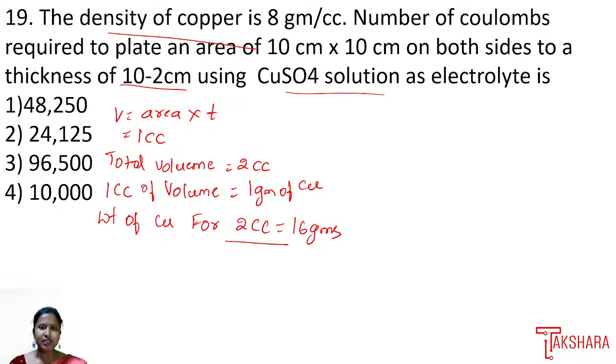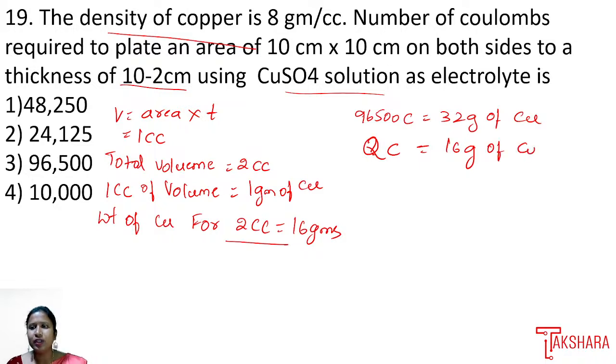Okay, so then, 96,500 coulomb is equal to 32 gram of copper. Then for 16 gram of copper, how much amount of coulomb of charge is required?